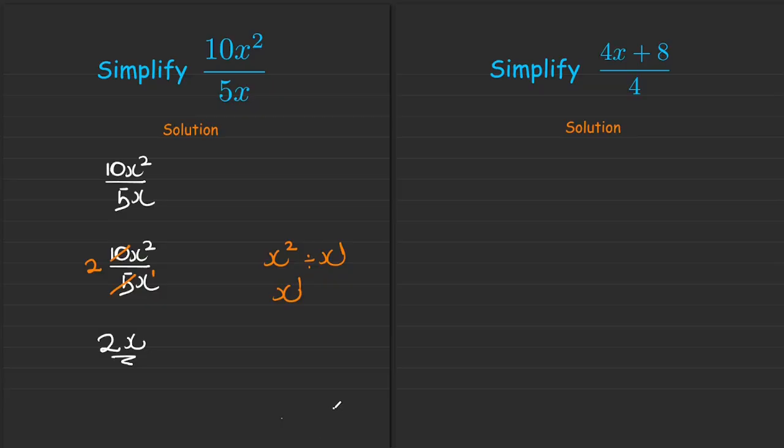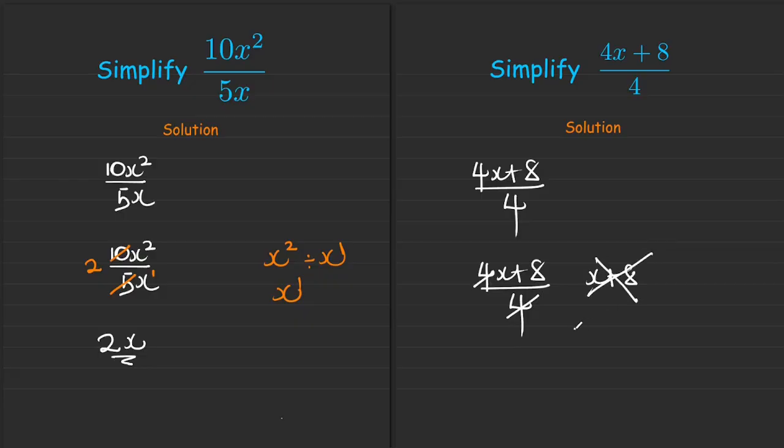Now, in the second question, we are once again expected to simplify. So we have 4x plus 8 all over 4. Now, our first step says we should factorize. You see, this is what I meant by you not just canceling out. So that you look at it and say, okay, I have 4, and this 4 will cancel out this 4, giving me x plus 8.